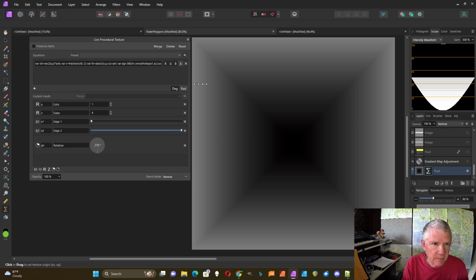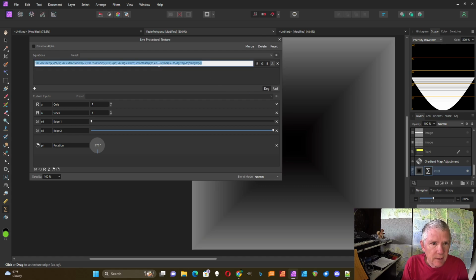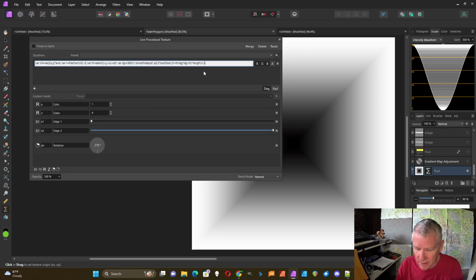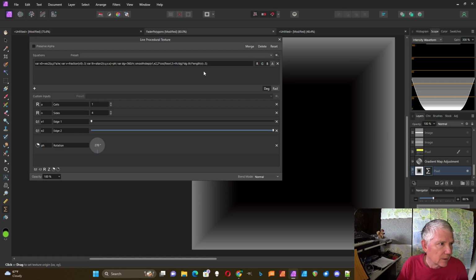So the first thing I'm going to do is multiply this cosine part by 2, and then I want to be inside of the smooth step, so I want to subtract off 0.5, and that pushes that below 0.